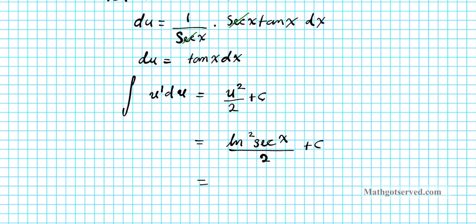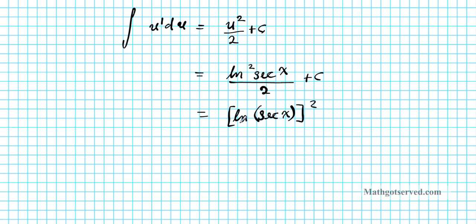Okay? All right, let me rewrite it. I can write it as the natural logarithm of secant x, this entire expression squared, divided by 2 plus c. Okay? So there goes the integral.